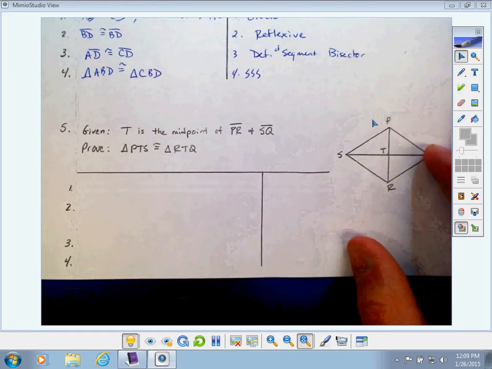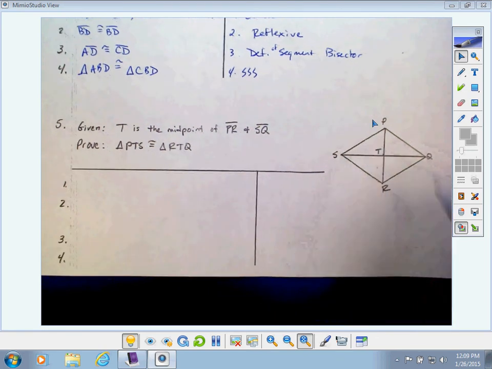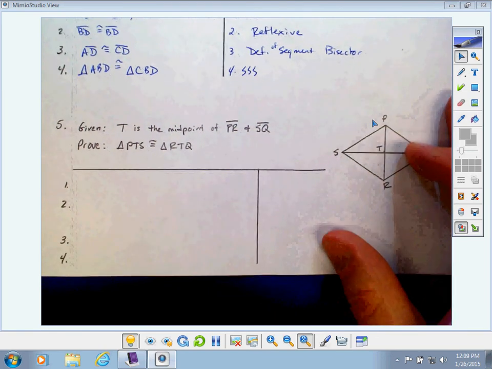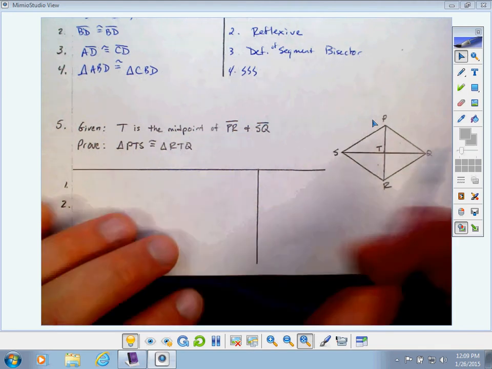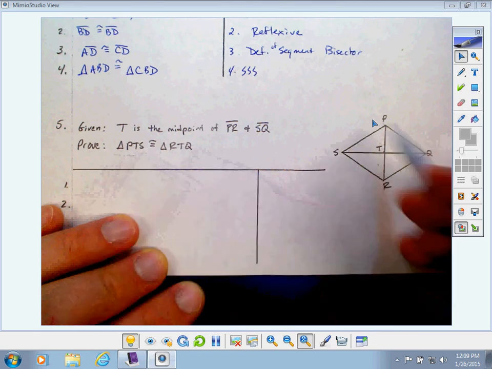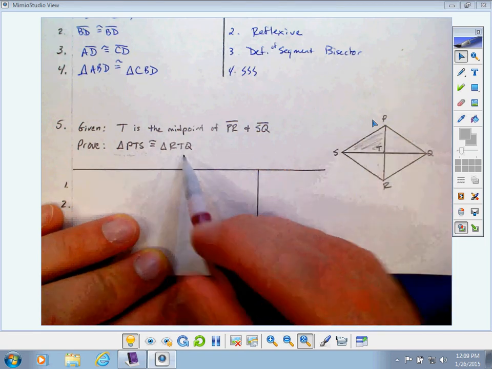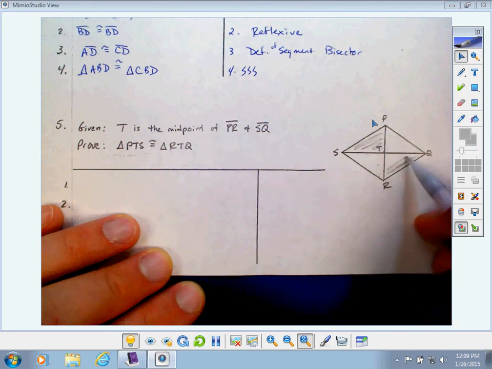The last one is maybe a little difficult because there's more than a few triangles in this picture, so we want to make sure we know exactly what triangles we're working with. Over here in the proof, I'm saying prove triangle PTS, that's this one, is congruent to triangle RTQ, that's this one.